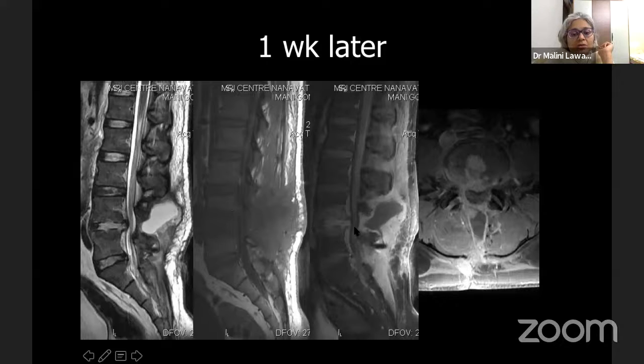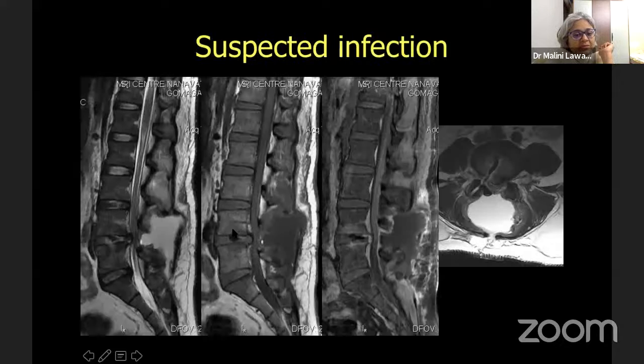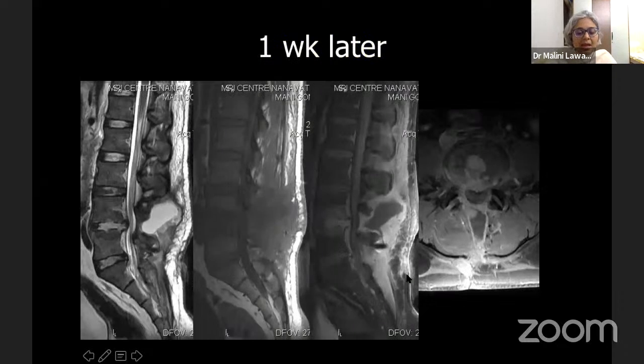So now, I just want you to see this T1 weighted image. There is very little marrow edema. And look at this post-operative collection. It's barely showing any peripheral enhancement. As against that, look now, the post-operative collection is smaller, but can you see how much the marrow changes contiguous along the vertebral bodies have increased? The T2 bright signal in the disc.